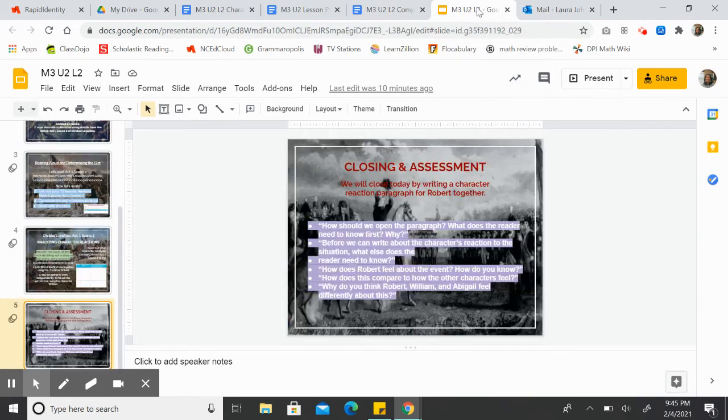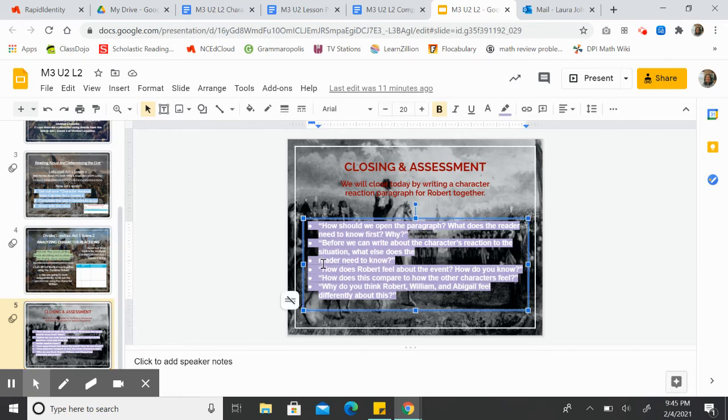Okay. Now, the last thing we're going to do today is, as a class, write a paragraph that is a character analysis of Robert. What that means is we're going to introduce and break apart this character so that the reader understands how he's reacting to the situation.